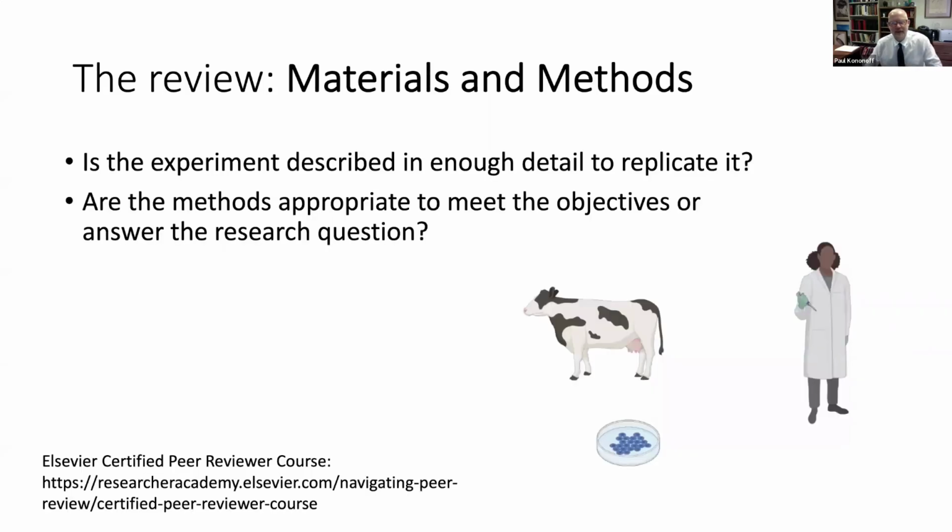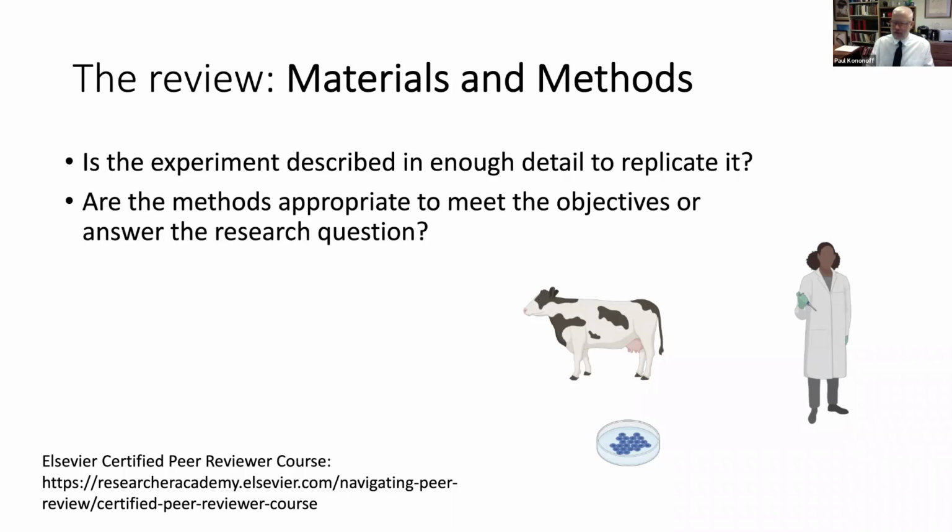Okay, materials and methods. We don't have nearly enough time to talk about all of the things that should be in materials and methods, but I think a good way to describe this is that the reviewer should ask themselves, does what is listed here provide the reader enough detail to replicate that study?